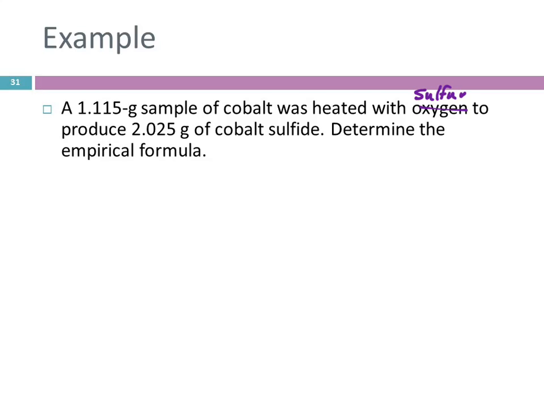So we need masses. We've got 1.115 grams of cobalt. And for the sulfur, we've got 2.025 grams minus the 1.115 grams.